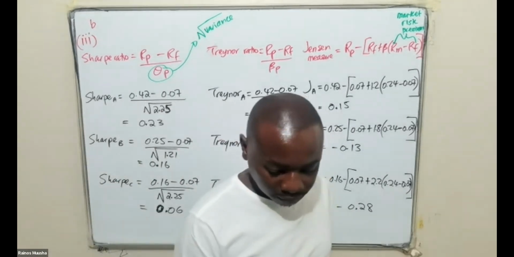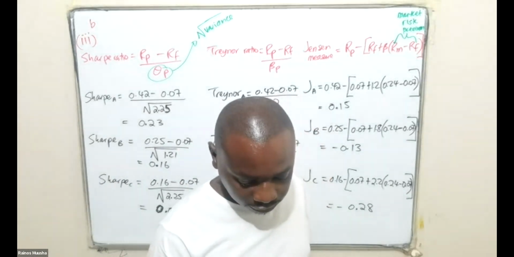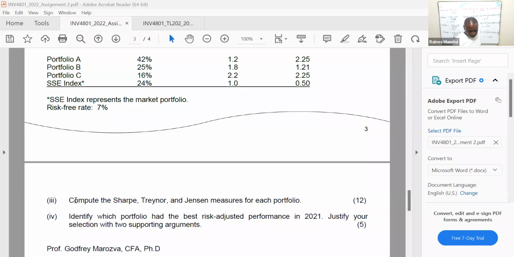So remember, part 3 of B, they were just asking us to compute the Sharpe, Treynor and Jensen measures for each portfolio, which is what we have done. Then for part 4 of the question, they say, identify which portfolio had the best risk-adjusted performance in 2021 and justify your selection with 2 supporting arguments.